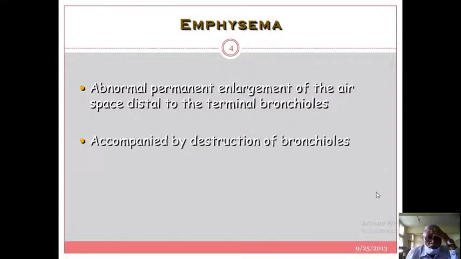So the abnormal permanent enlargement of the air spaces distal to the terminal bronchioles results in emphysema, accompanied by destruction of bronchioles. The mucous membrane and the musculature will be affected.